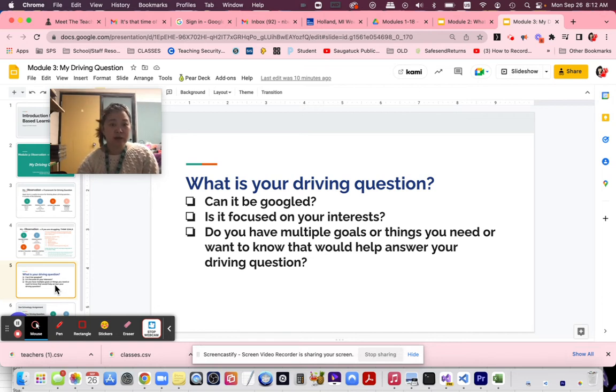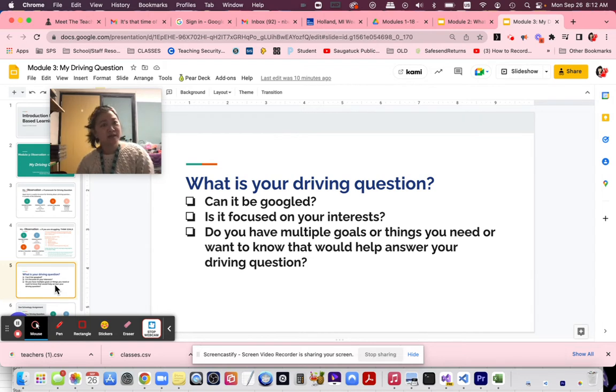So, not only should you have multiple goals or things you need to know about your topic, but are there also things that you need to know or goals you might have that go into building, creating, or having that action or challenge in solving your problem? It can be not only about the main topic.